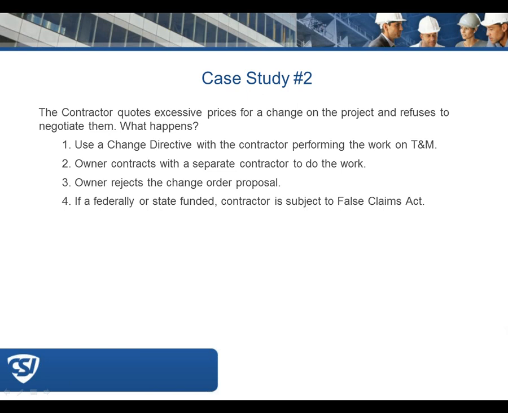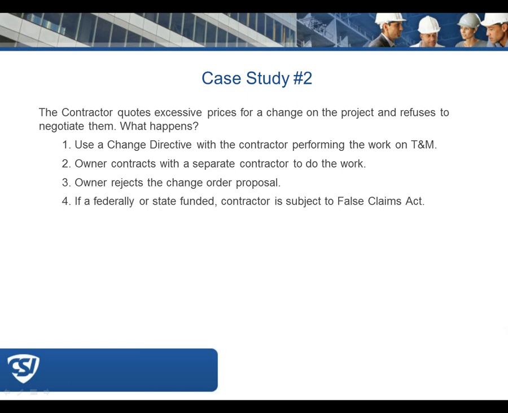Option 1, you use a change directive which requires the contractor to perform the work on a time and materials basis. Option 2, the owner contracts with a separate contractor to do the work that was proposed in the change. Option 3, the owner just rejects the change proposal wholeheartedly.